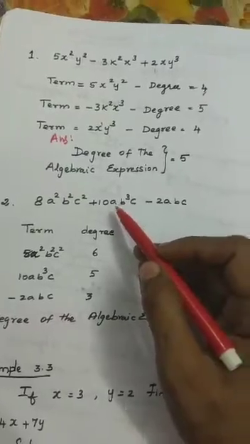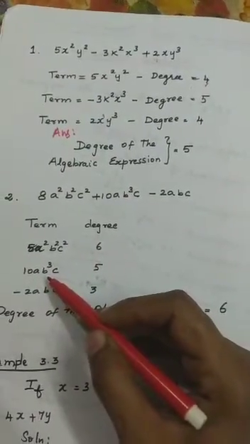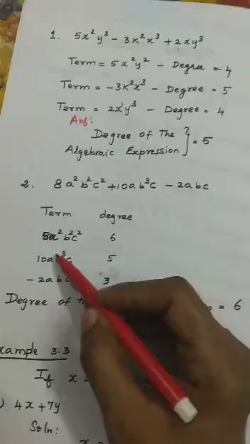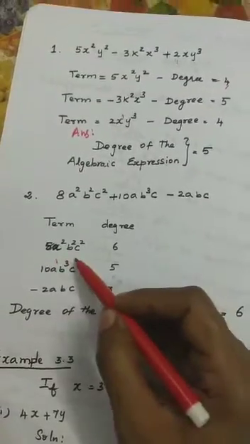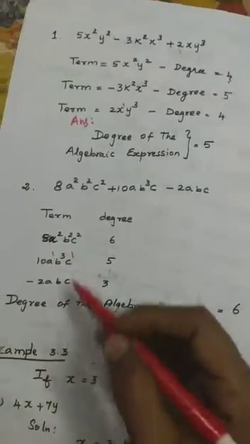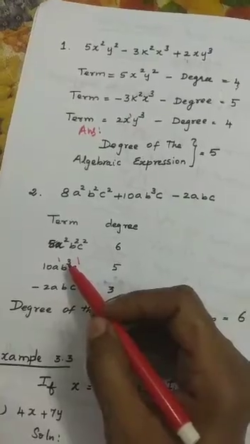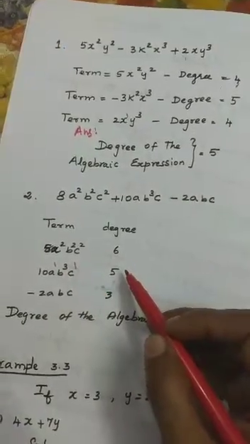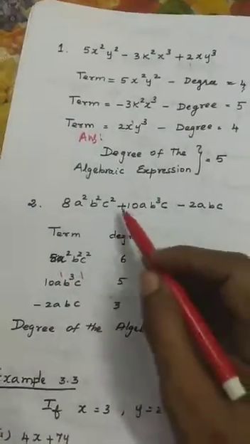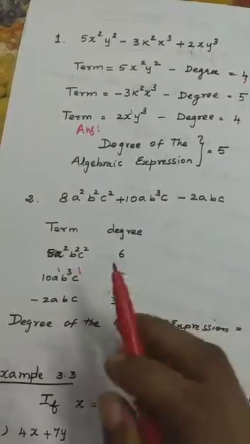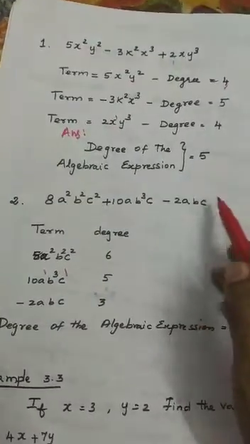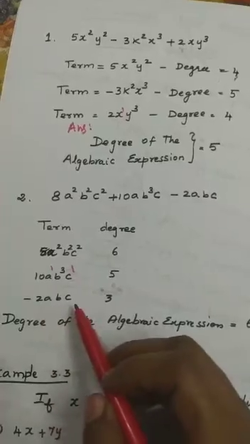Then see the second term 10 a b cube c. Here we have the degree as 1 for a, so 1 plus 3, 4, 4 plus 1, 5. So for this term the degree is 5. Then see the third term minus 2abc.